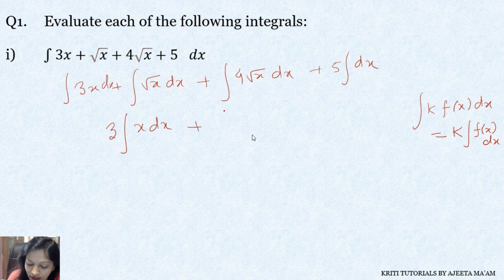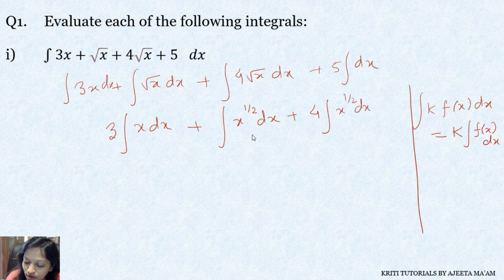Here also, for root x we can write x raised to half dx, which will go with the power rule, and then for 4 root x, 4 will be taken out and we put half so that it will be easy to apply the power rule, and then for 5, 5 times the integral of dx. Everywhere we have taken the constant out, remember.